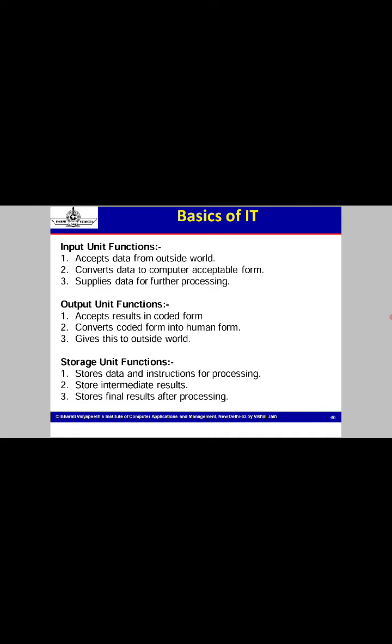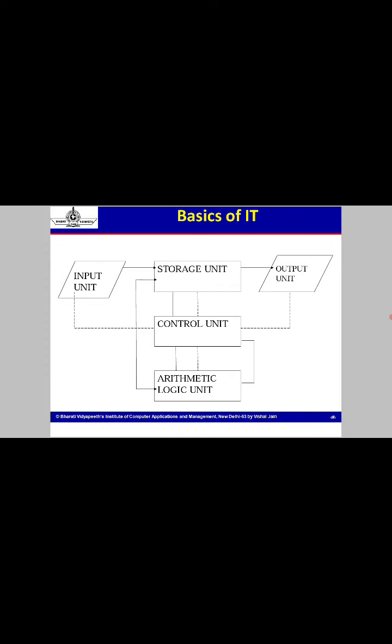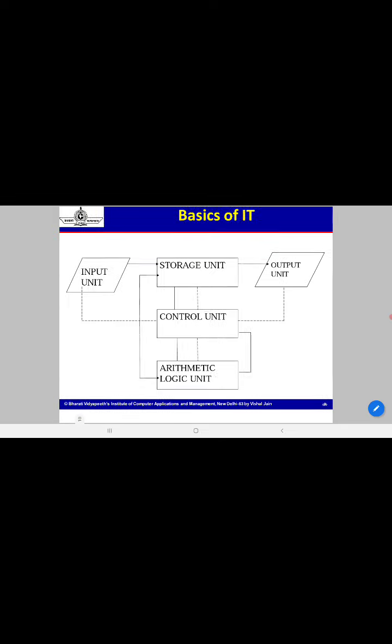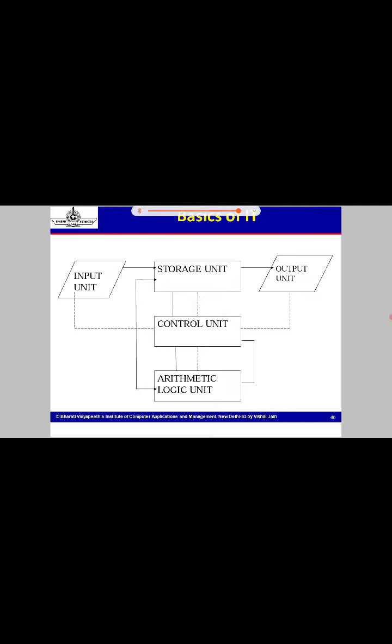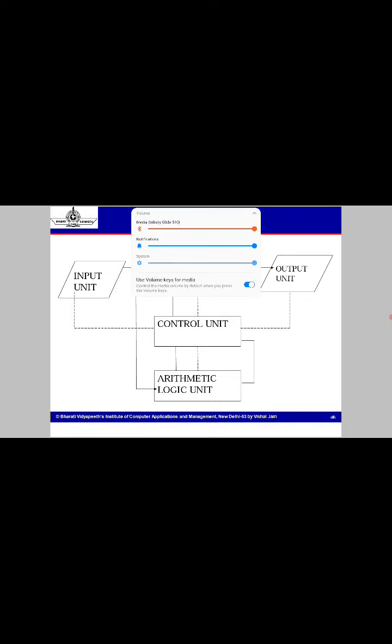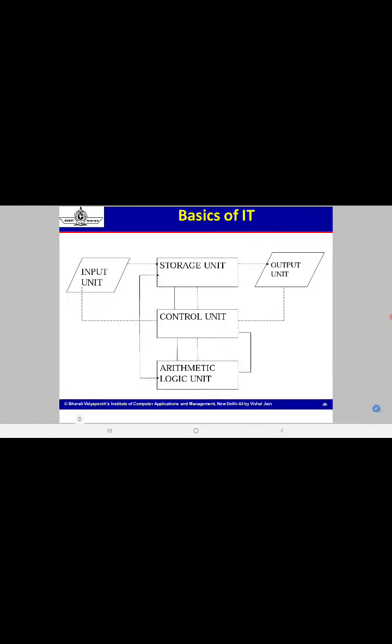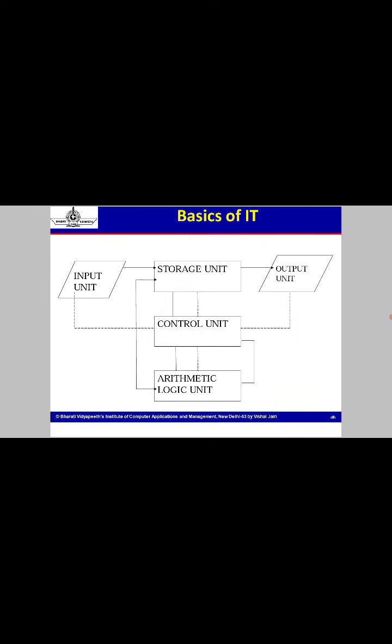Output units are used to show or display the outputs or results of a problem or processing from the processing unit in a human readable form, like in English, to the users. Generally they are like monitors. Input units are generally like keyboards and mouse.